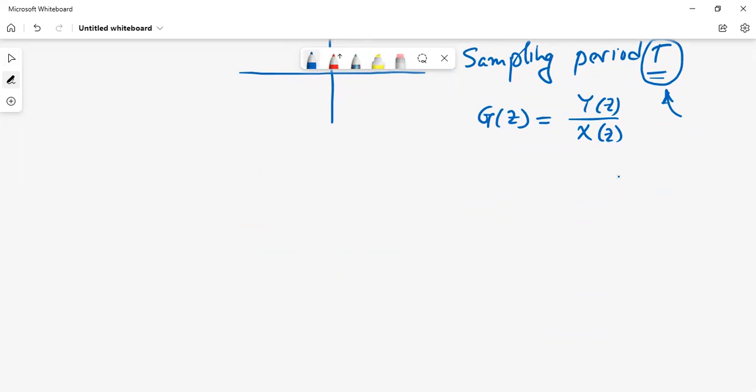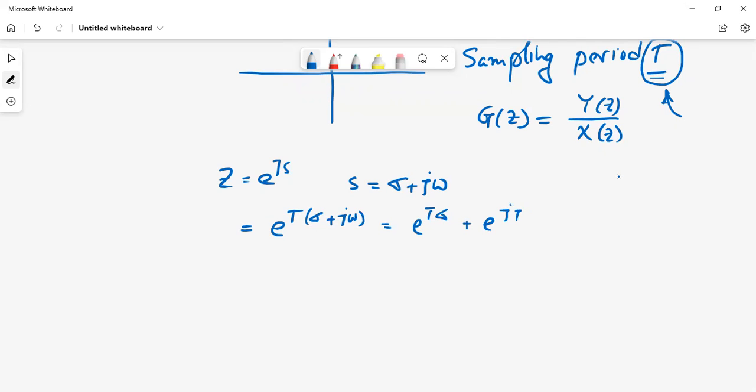Okay, so let us start with the formation. First, we know that Z equal to e to the power TS, and also we know that S equal to sigma plus j omega. So if we just put it here, we are going to get e to the power T times sigma plus j omega. If we extend it, then it is e to the power T sigma times e to the power j T omega.